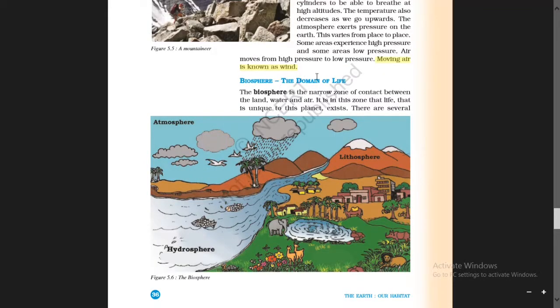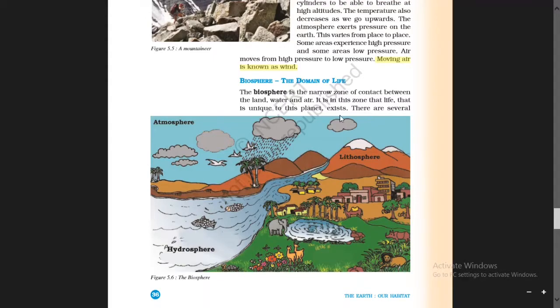Biosphere, the domain of life. The biosphere is the narrow zone of contact between the land, water, and air. It is in this zone that life that is unique to this planet exists.